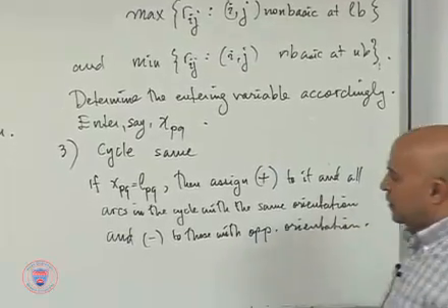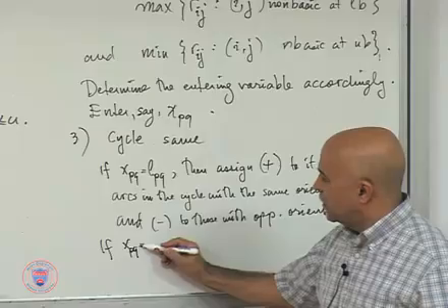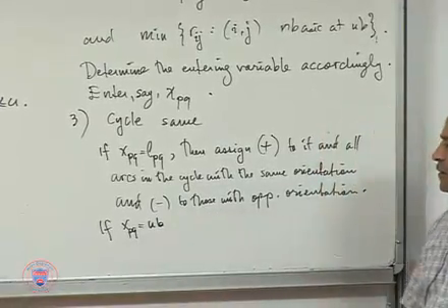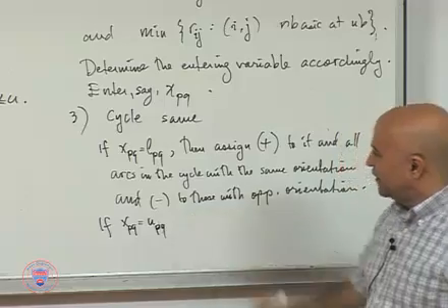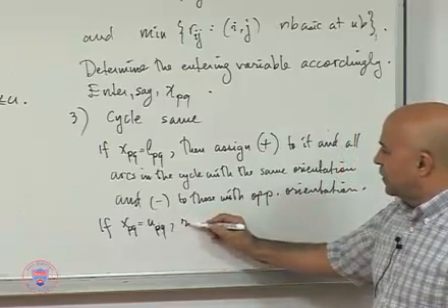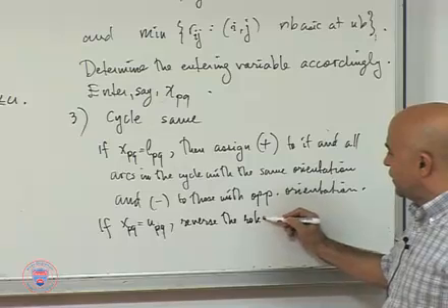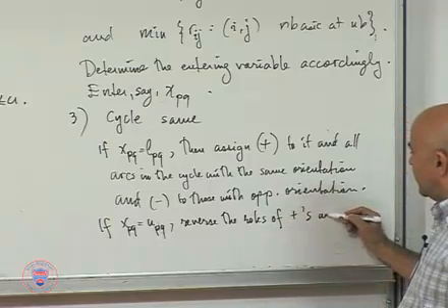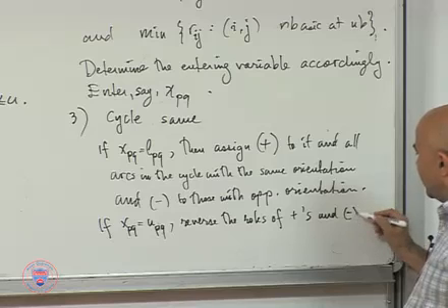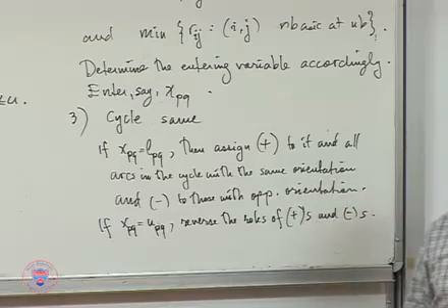Okay? If XPQ is at the upper bound, or UPQ, reverse the roles of pluses and minuses. Okay?